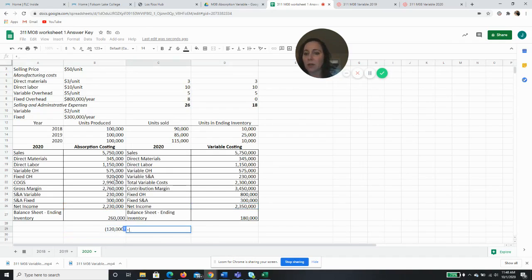In 2020, we expensed $920,000 of fixed overhead costs under absorption, and under variable, we expensed $800,000 of fixed overhead costs, and it's that same $120,000. Net income is higher under variable costing because the amount of fixed overhead we expensed was less, and that's because we sold more units than we made.